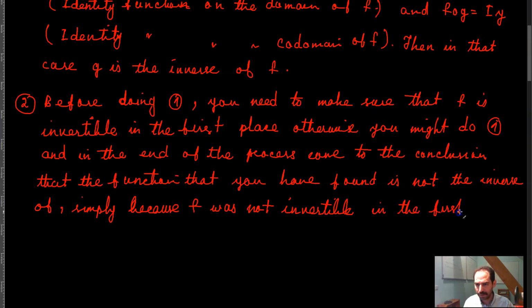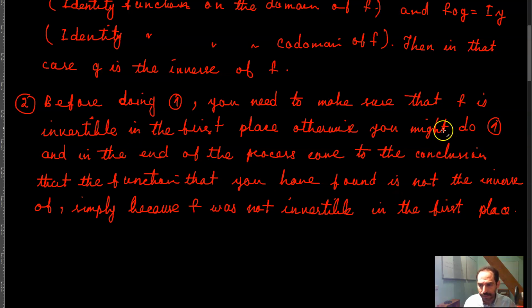If I know that f is not invertible in the first place, of course I would not start with the process. That doesn't make any sense, only to find out in the end that f was not invertible. That's a lot of unnecessary work to do.